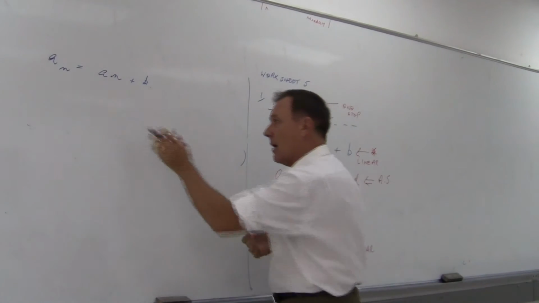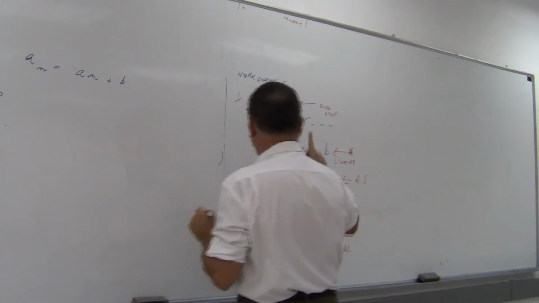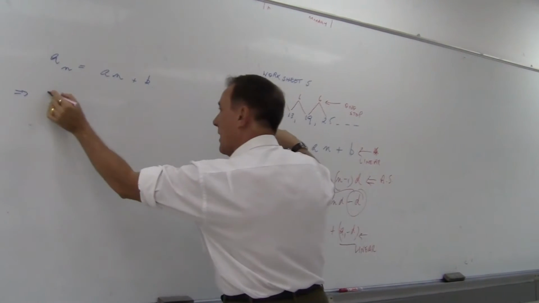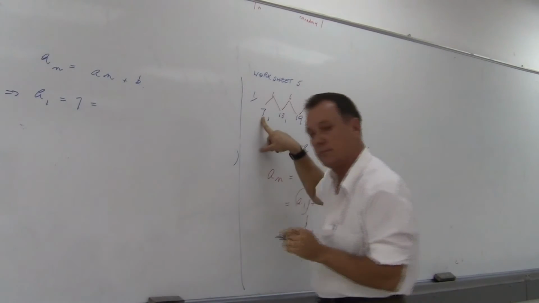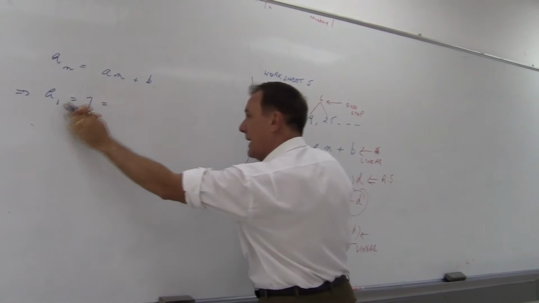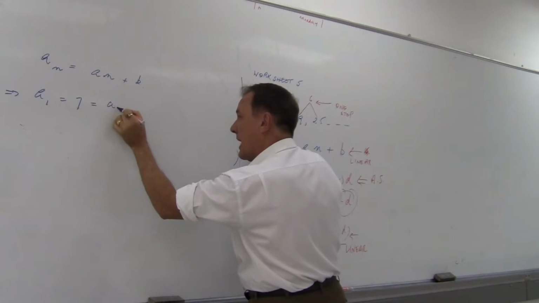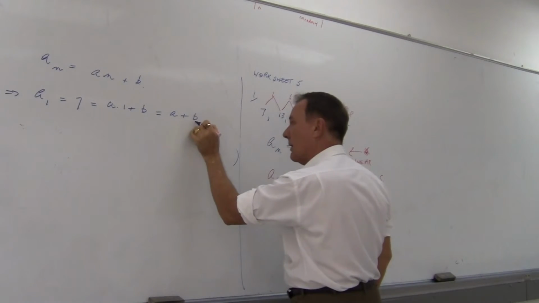Alright, so here we go. I'm just going to simply apply the formula. So, let's see. The first term is 7. So, a1 equals 7 equals. Now, I don't know what a is. I do know what n is. n is 1. So it'll be a times 1 plus b, just simply a plus b.